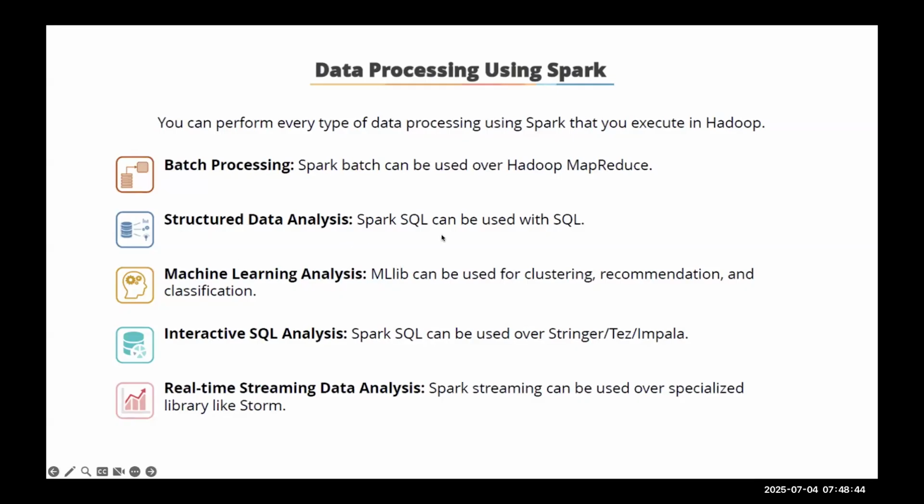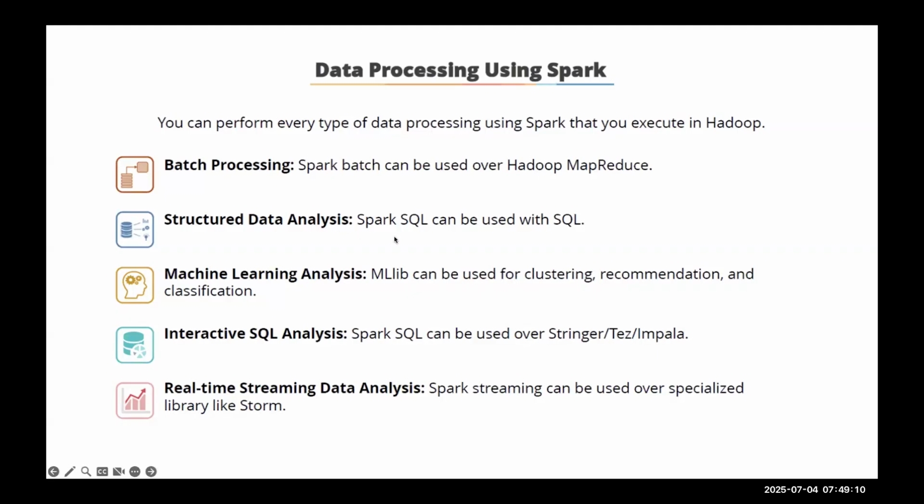Structured data analysis: you know about structured and unstructured data. Yeah, some I have an idea. Okay, good. Just read about structured and unstructured data as well. Spark is good for structured data, like let's suppose you have CSV, JSON, XML data. If you have all those things, then Spark is very good.